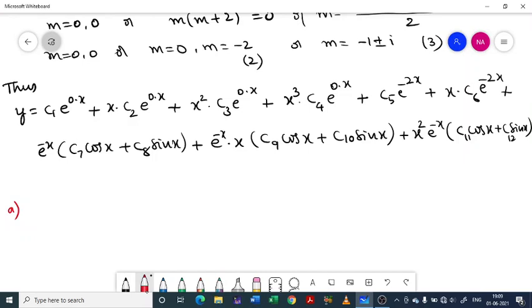The first problem I'm going to give as exercise is (d power 4 minus 2d cube plus 2d square minus 2d plus 1) into y equal to 0.